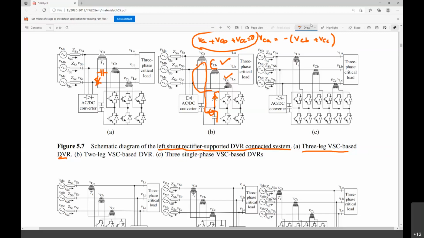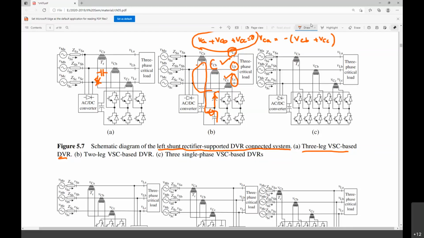Because of that, VCA is equal to minus of VCB plus VCC. In that case, if it starts injecting to correct the VLB voltage and VLC voltage, then it automatically controls the VLA voltage also.